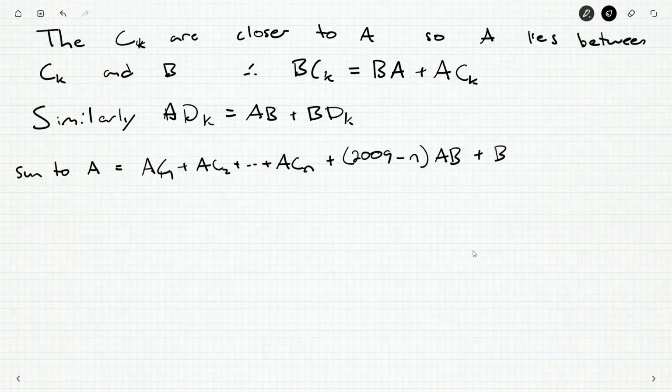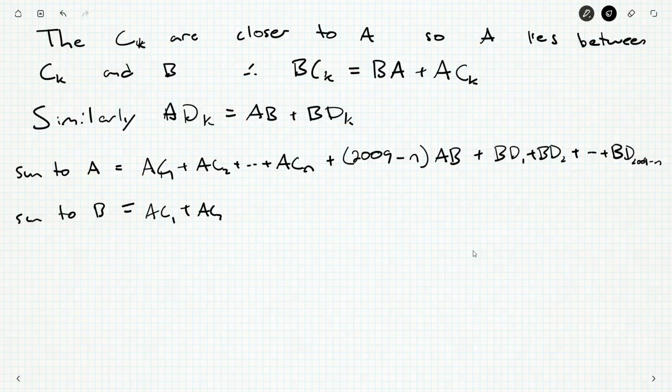And we'll change those to BD1 plus BD2 plus up to BD of 2009 minus N. And now the sum to B, I can write as AC1 plus AC2 plus up to ACN, plus, but each of those needs to have N ABs.